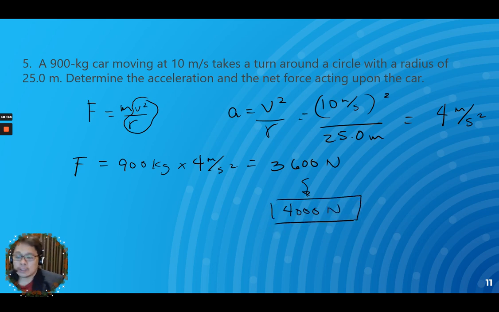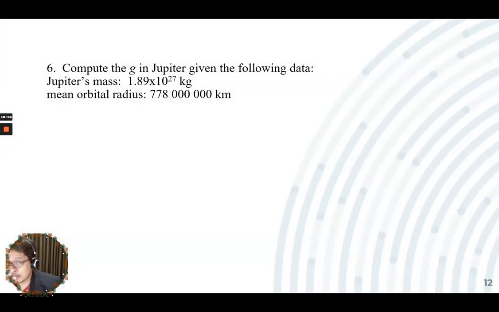Okay, let's go to the last problem. The equation that we will be using here is the law of universal gravitation, the G. So remember, you are asked to compute for the g on Jupiter.